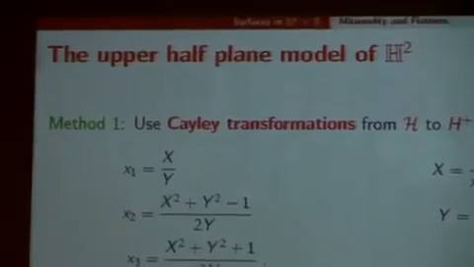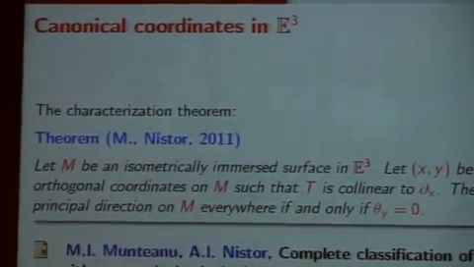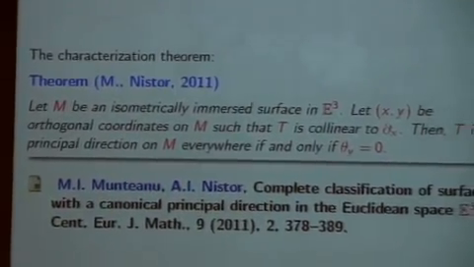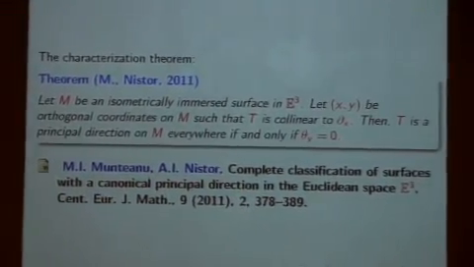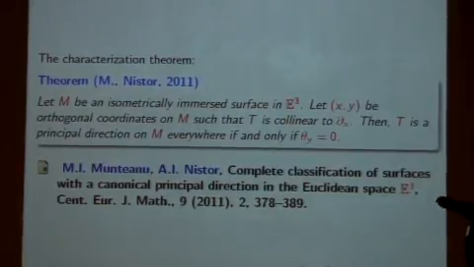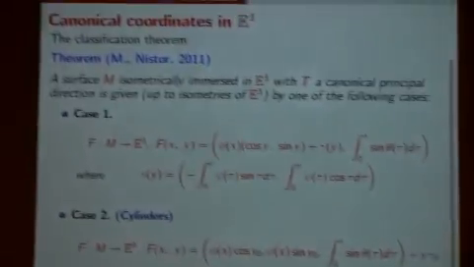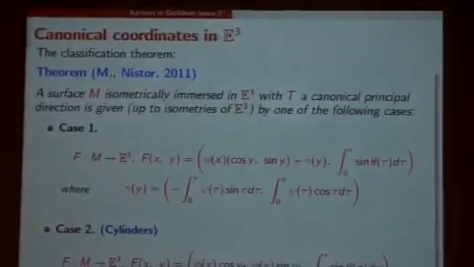Also, the other model is done by Nistor, and to finalize, we did the same mechanism for Euclidean space, and here we have two cases.